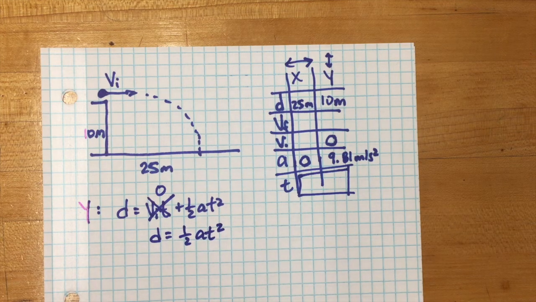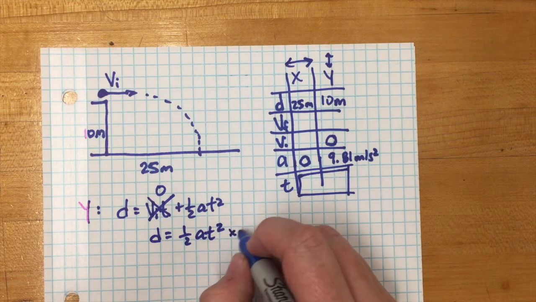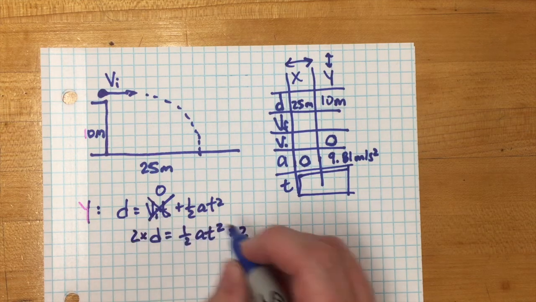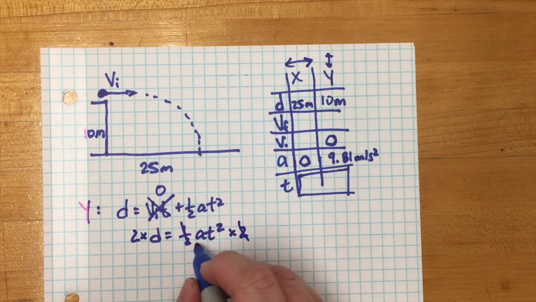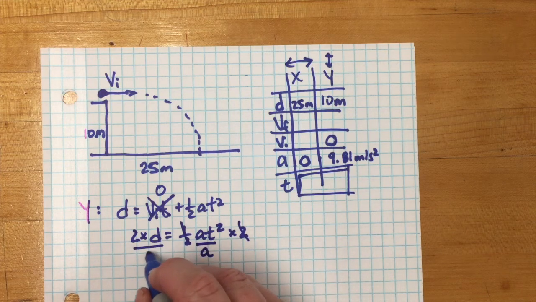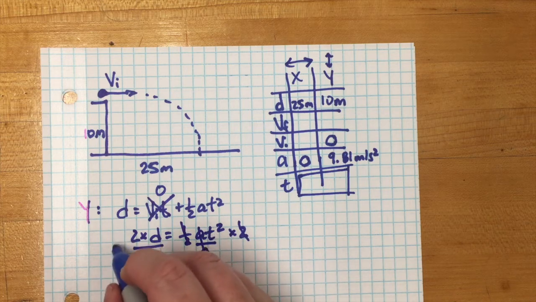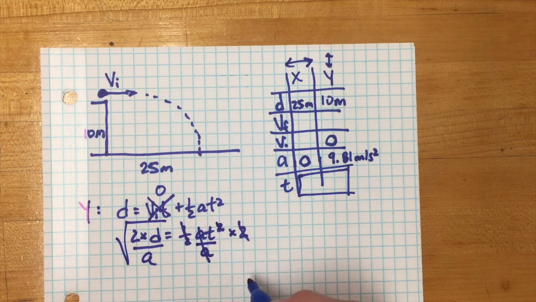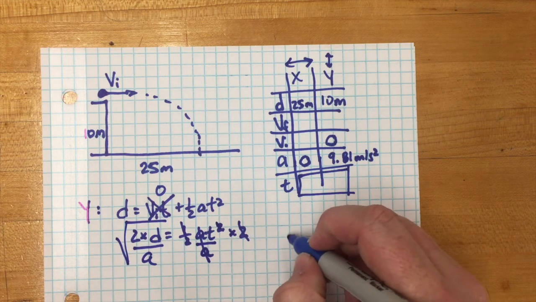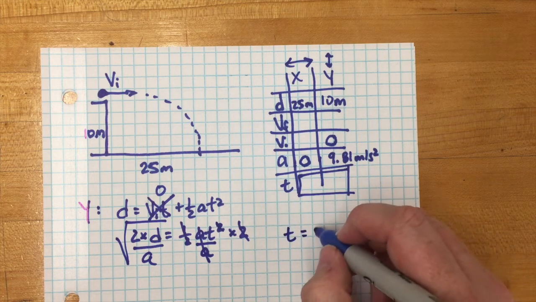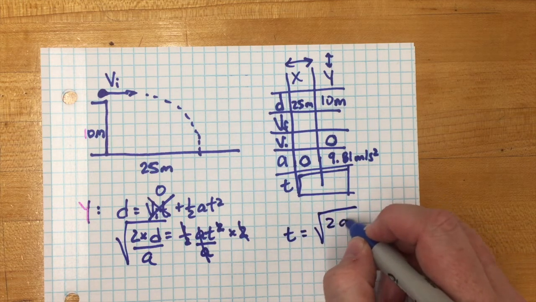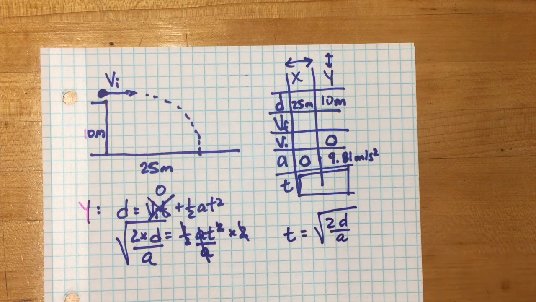Well, we want to solve for time. So I'm going to multiply both sides by 2 and get rid of that half. I'll divide both sides by A and bring the A over to the other side. And then I'll need to take a square root to get rid of that squared. That gives me the equation that t is equal to the square root of 2 times d over a.